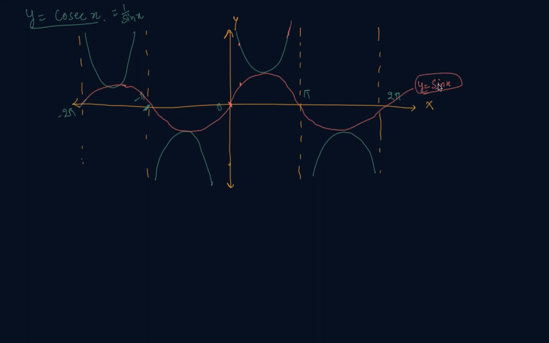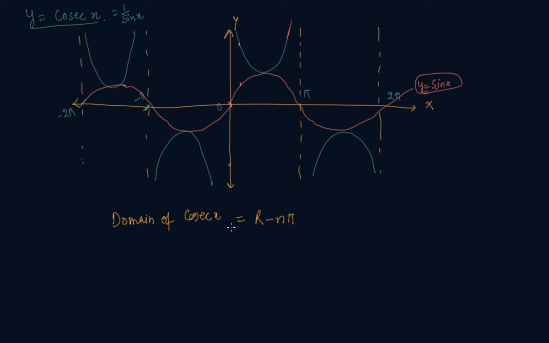So here I showed you the graph of y equal to cosecant x, and the domain of cosecant x, as you can see, does not include the values 0, pi, 2 pi, minus pi. So it is R minus n pi.